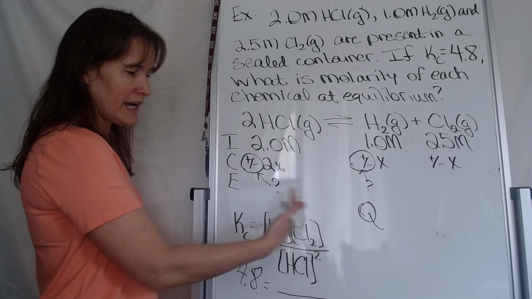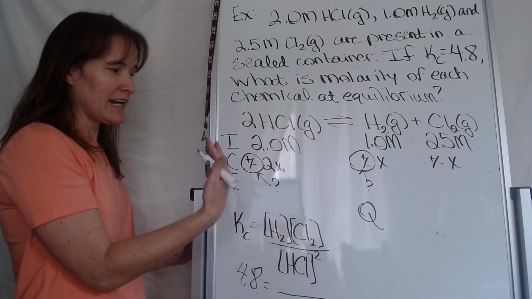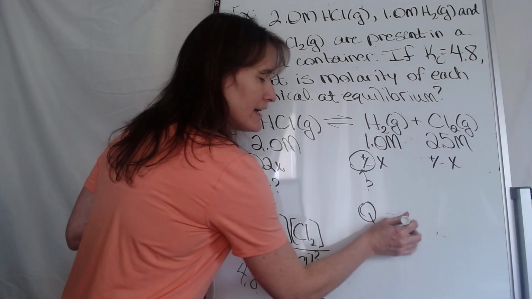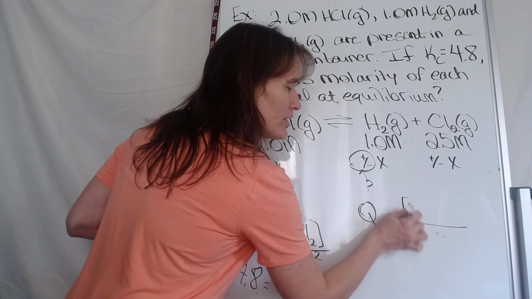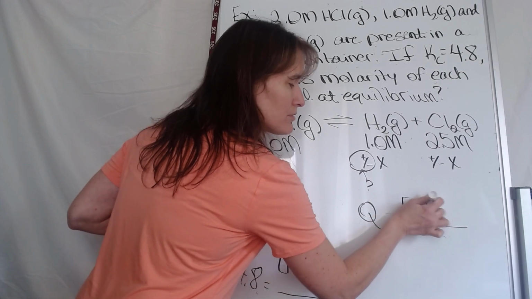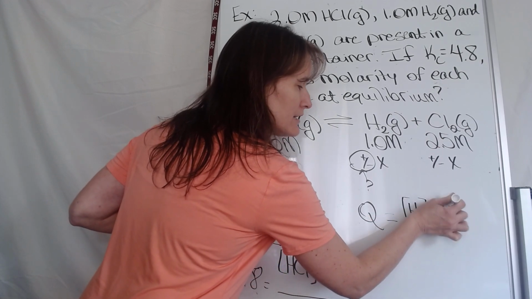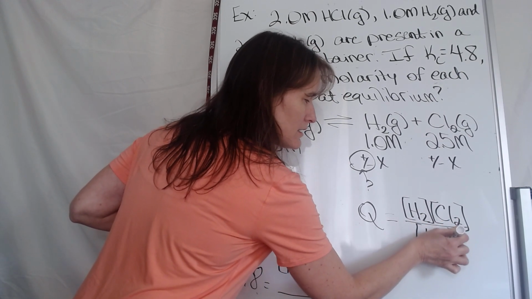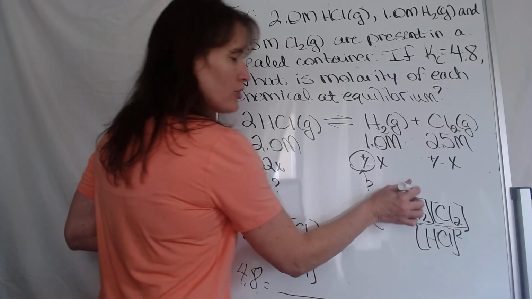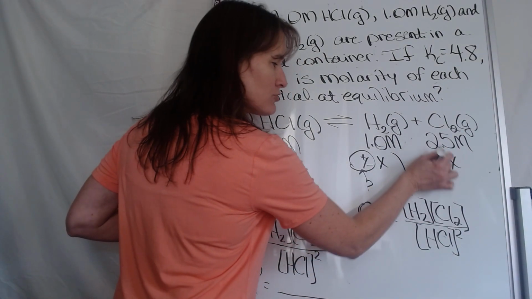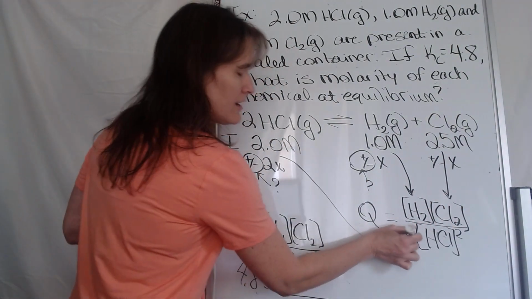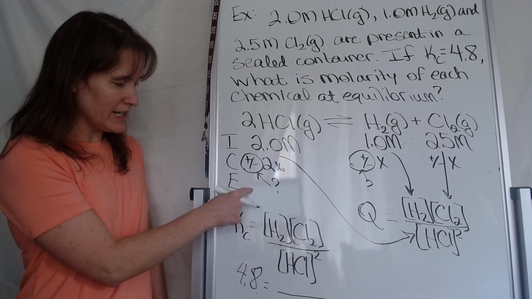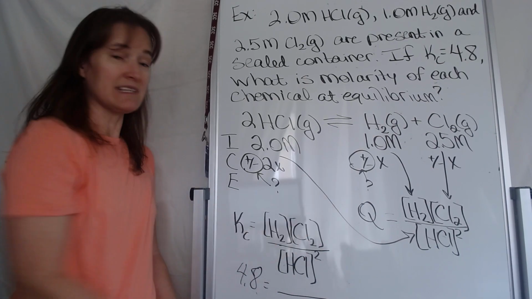It looks the same as K sub C, but what you're doing is taking a ratio of what you have right now. So this quotient tells you where you are right now. What you plug in are not equilibrium amounts, but your given amounts. So in the reaction quotient, what goes in here are your initial quantities, not the equilibrium ones, because only E information goes in the equilibrium expression. This is, I don't know where I am.